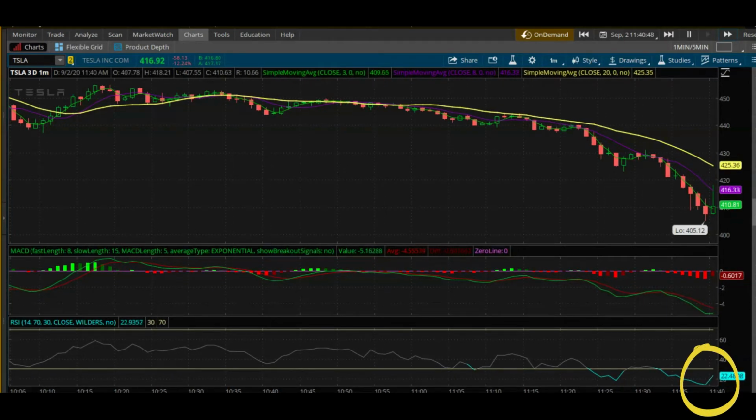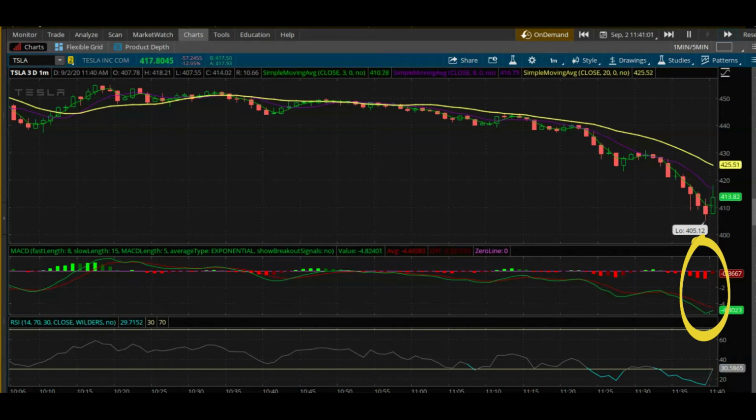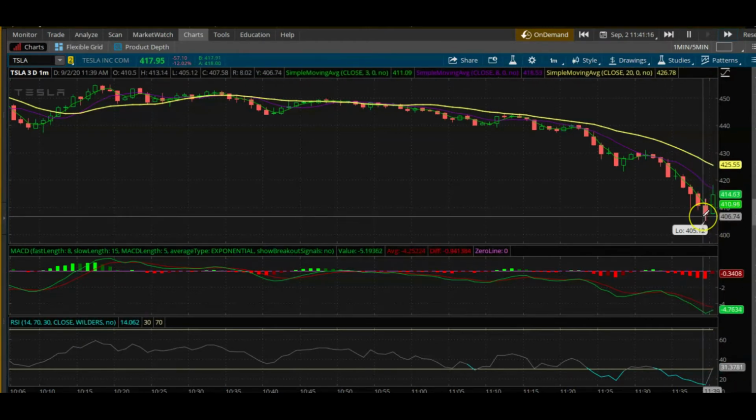Okay, RSI has changed direction. Question is, can it cross over the 30 RSI line? The MACD also is attempting a crossover. We have this green candle. So far, it's taken out this red candle.